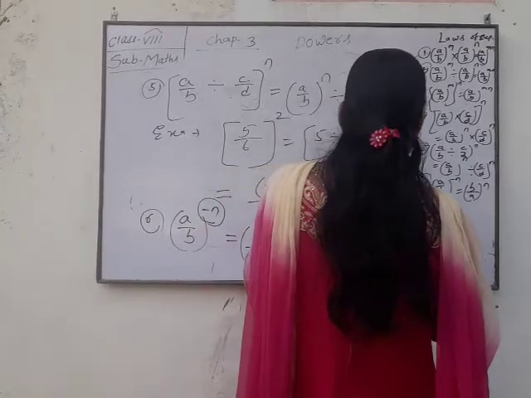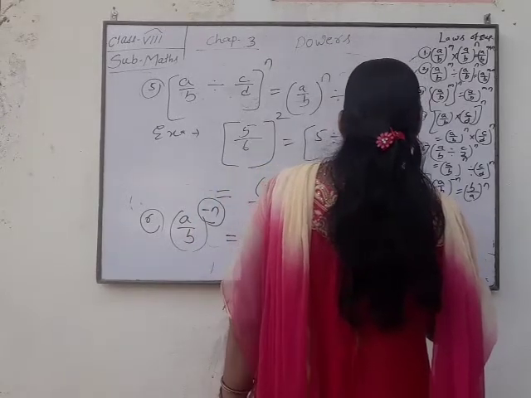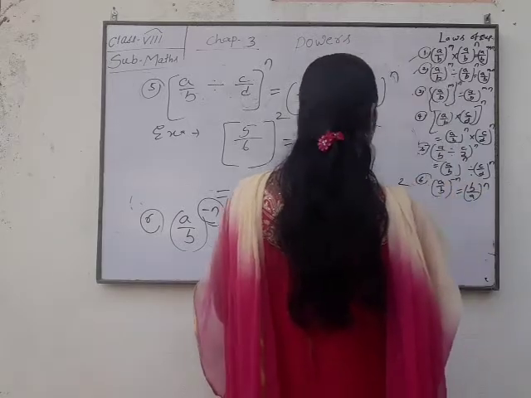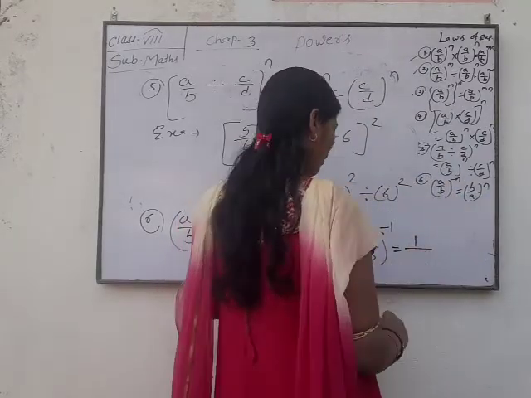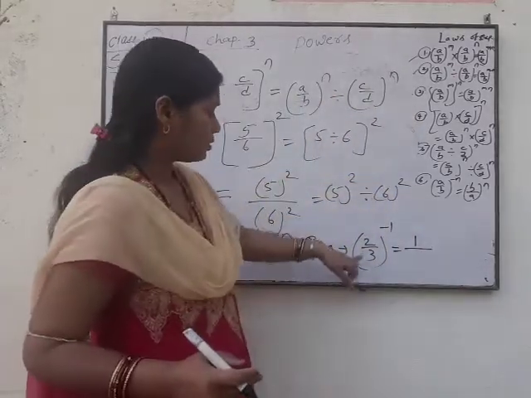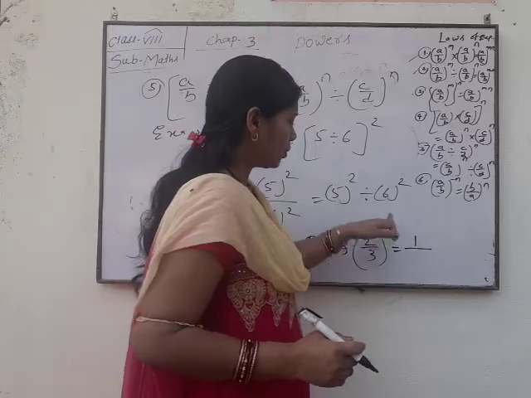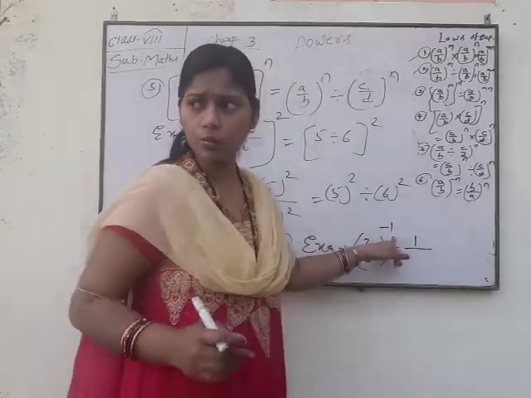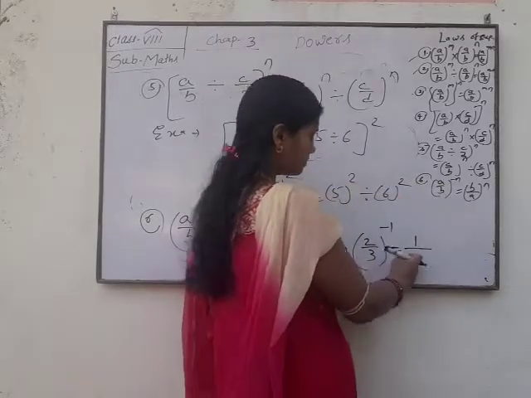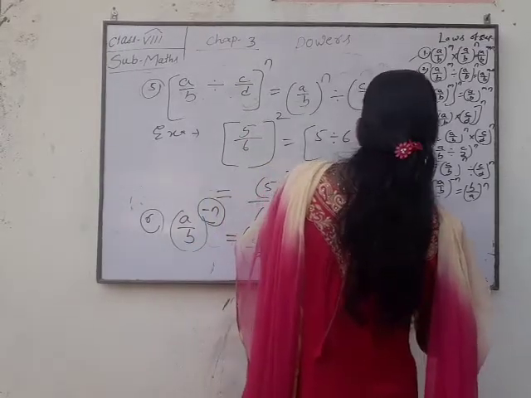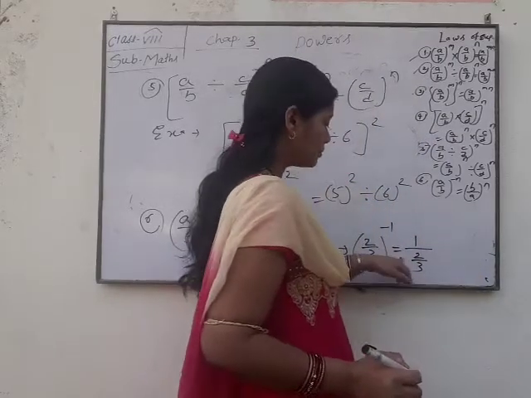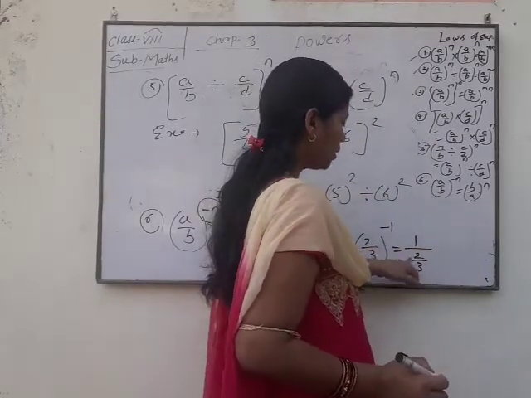It means you can write 1 divided by, if you convert into positive powers, then you reverse it. When you reverse your number, then your exponent, it means your power, is positive. 1 divided by 2 by 3.